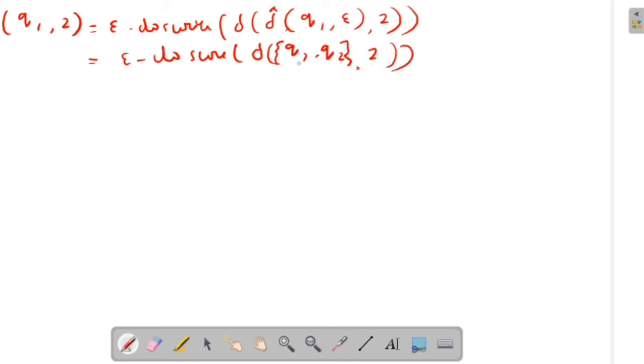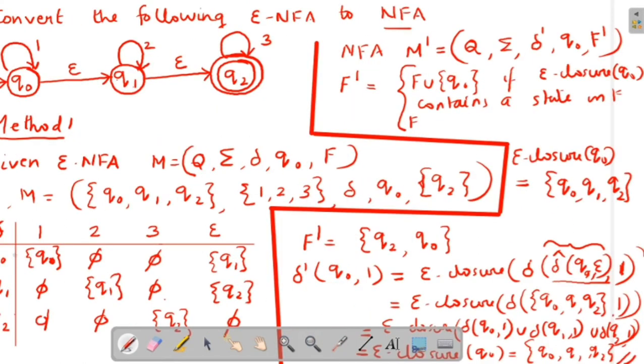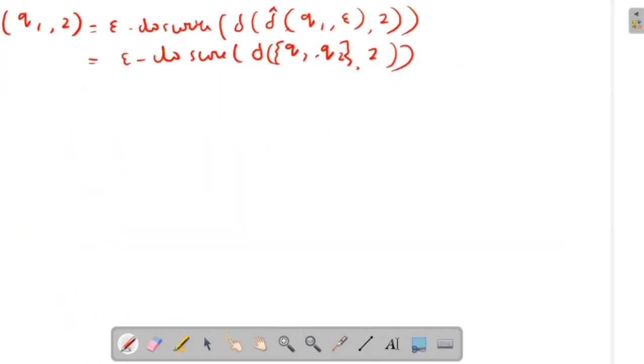So we take the transition from the state Q1 over the alphabet 2 and also from the state Q2 over the alphabet 2. That is Q1 and Q2 over 2. Delta of Q1 comma 2 is Q1, delta of Q2 comma 2 is null set. So we get Q1. So here it is epsilon closure of Q1, which is equal to Q1 Q2.